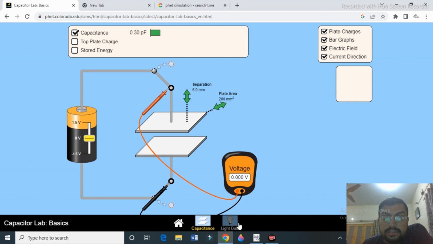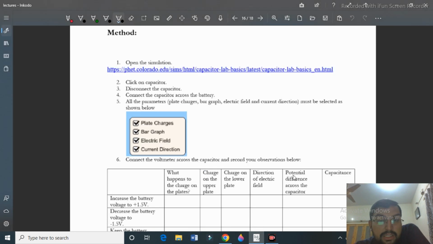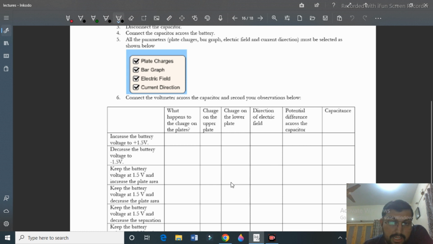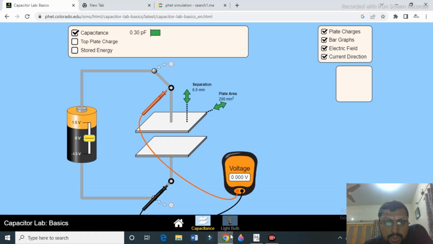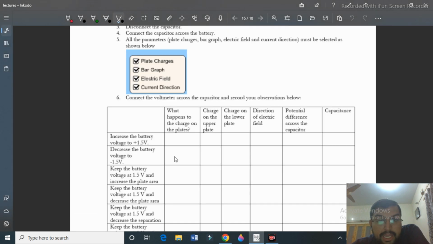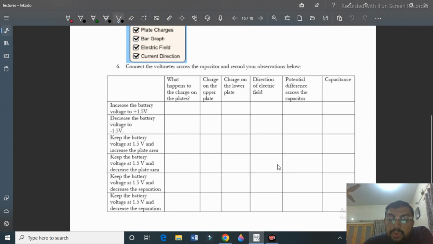Now let's start our venture. What we are going to do: connect the voltmeter across the capacitor and record your observations below. So I have connected the voltmeter across the plates of the parallel plate capacitor. Now I have a table here, and using the simulation I will fill this table, and that is the basic part of our lab.